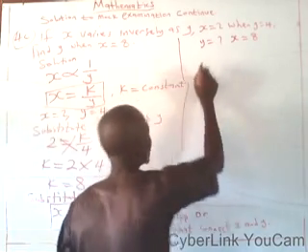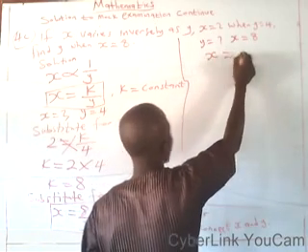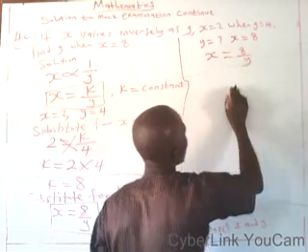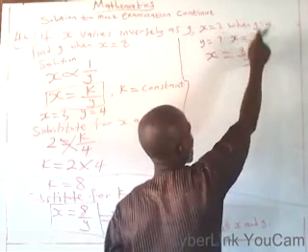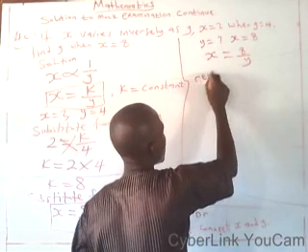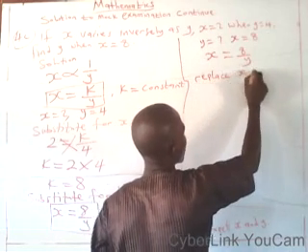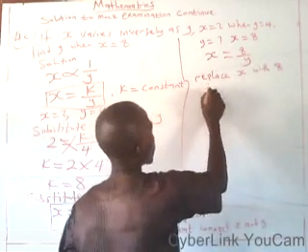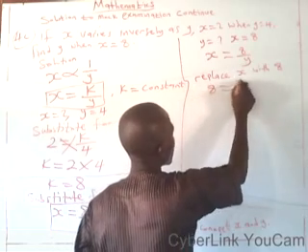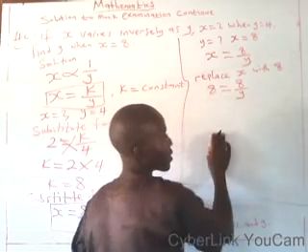We come back here and say that x is equals to 8 all over y. We are going to replace x with 8. It is now going to be 8 equals to 8 all over y.